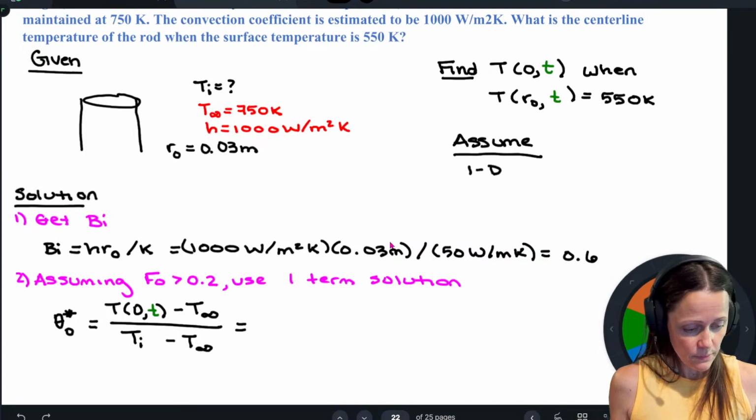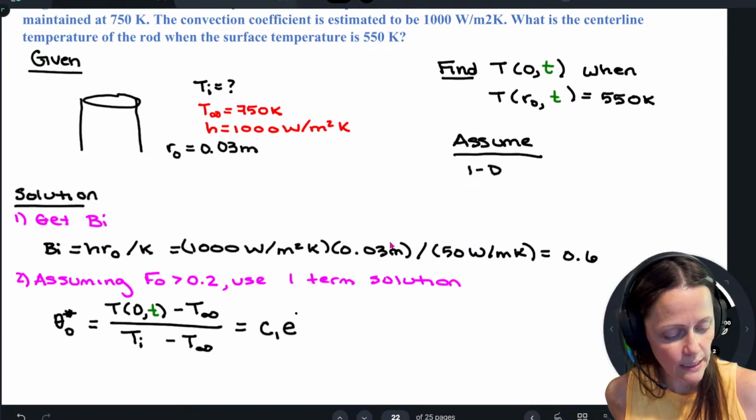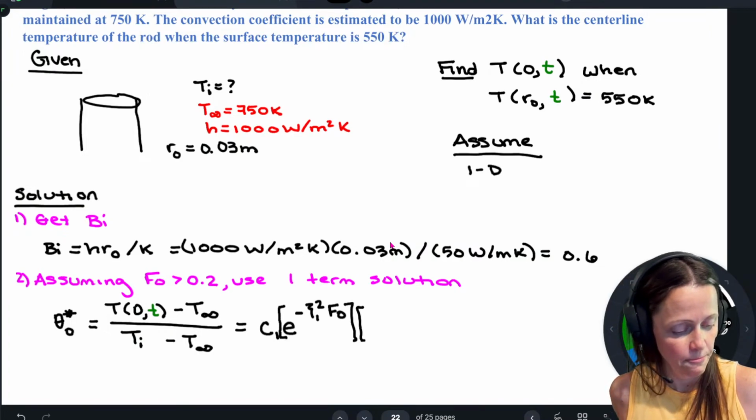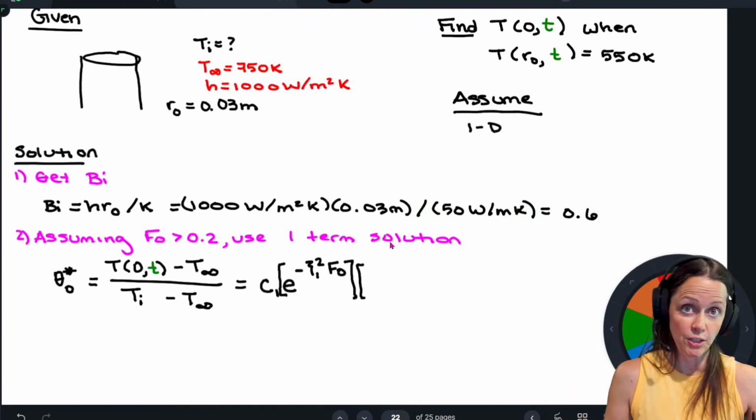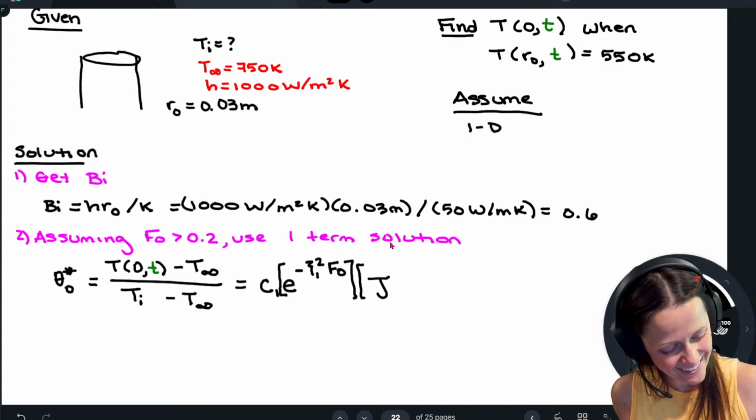Okay. So that's equal to C1 e to the negative zeta 1 squared times our Fourier number. And then I've got the spatial dependence, which is our Bessel function, otherwise known as J naught.